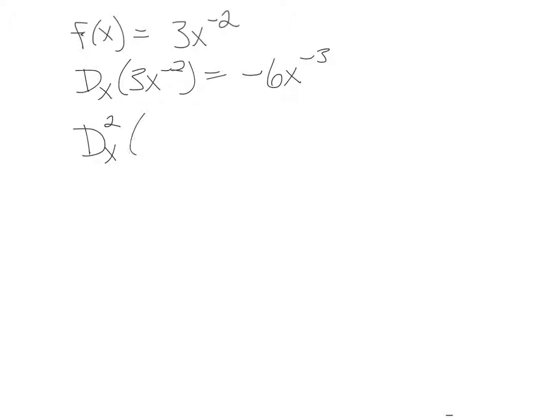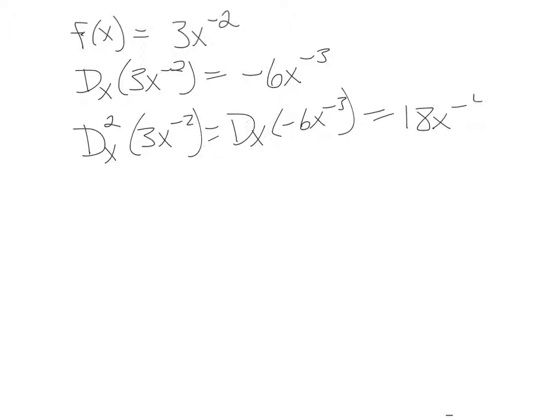So now I'm going to take the second derivative of 3x to the negative 2, which is equal to the first derivative of negative 6x to the negative third power, which is equal to 18x to the negative fourth power.